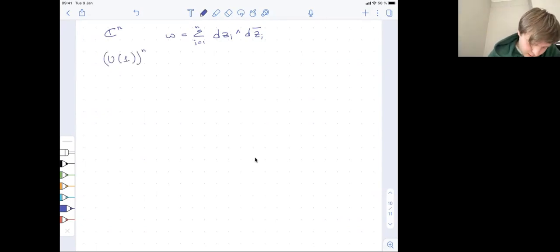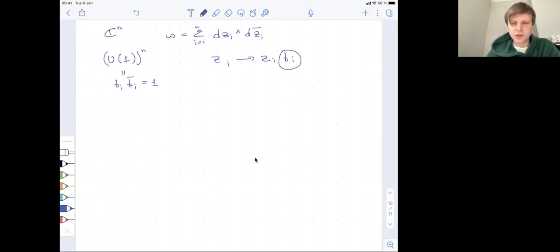Each copy is just complex numbers whose modulus is 1, and the action is given by z_i goes to z_i t_i, where t_i corresponds to each copy of U(1) in this direct product.